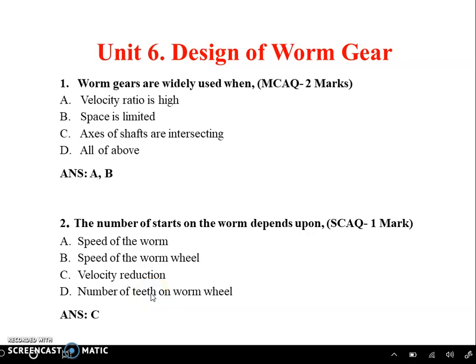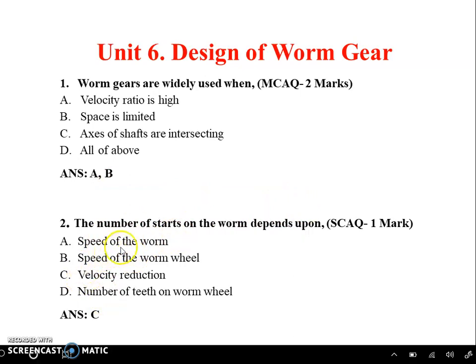Already in terminology we have seen that reduction ratio or transmission ratio I is equal to Z2 upon Z1. So Z1 is the number of starts, and number of starts on the worm is dependent upon the velocity reduction. What amount of velocity we have to reduce, based on that the number of starts on worm is decided. Is it okay?